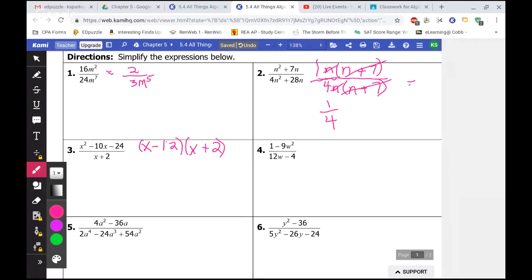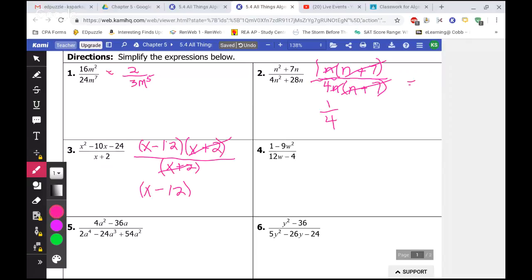Because you know you have to have one positive and one negative to multiply together to give a negative. So these two cancel each other out, and that leaves you with x minus 12 as your final answer.